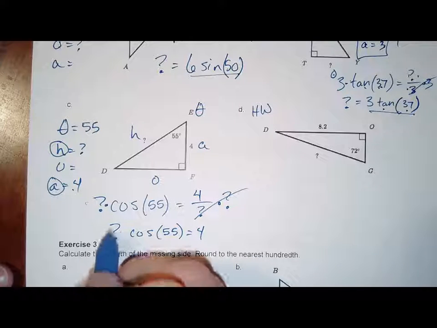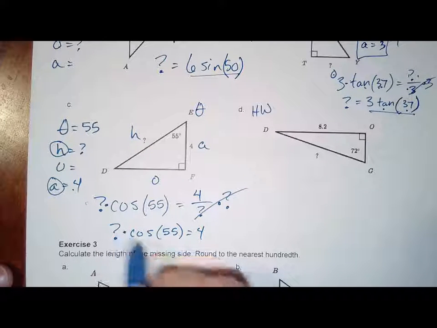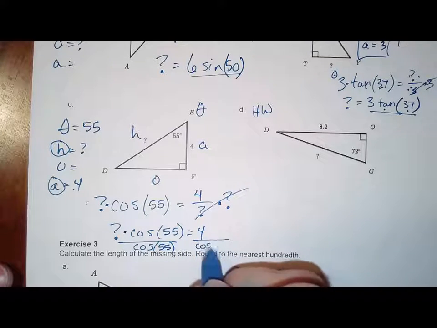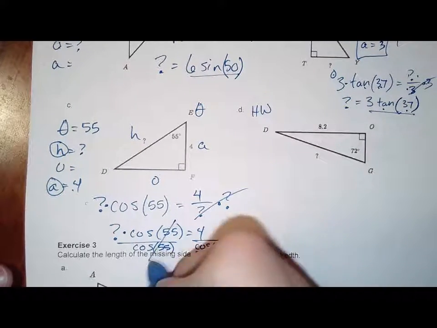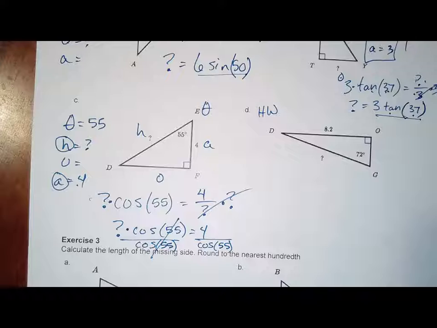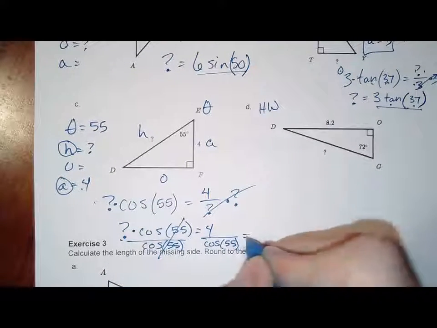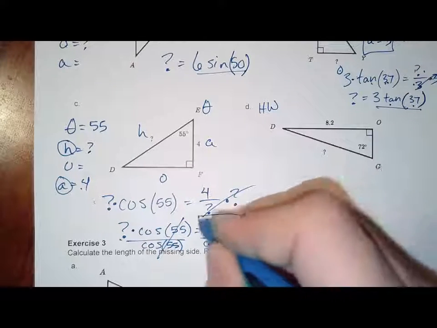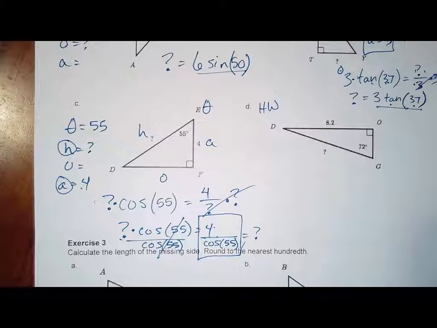So it's technically the question mark times a number. So divide to cancel the number. And we can just write it all out completely. Done. The question mark is 4 divided by cosine of 55. This can be plugged into your calculator. So therefore we're done.